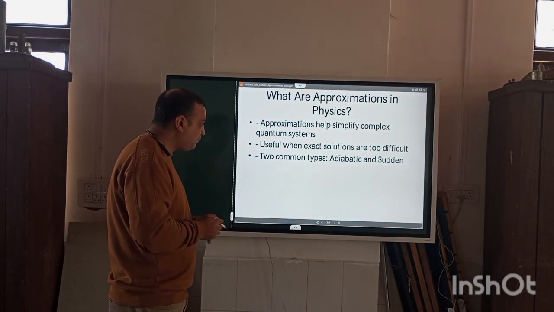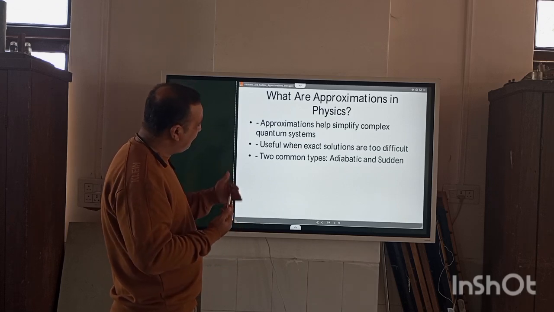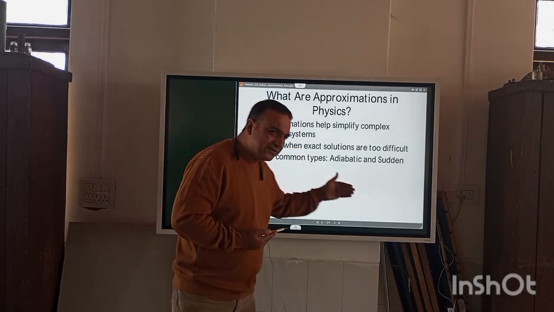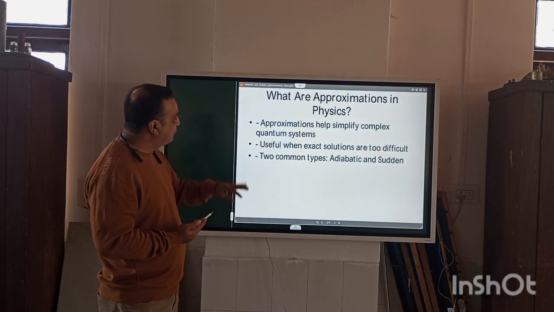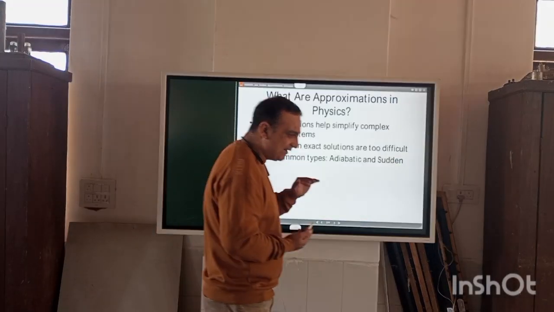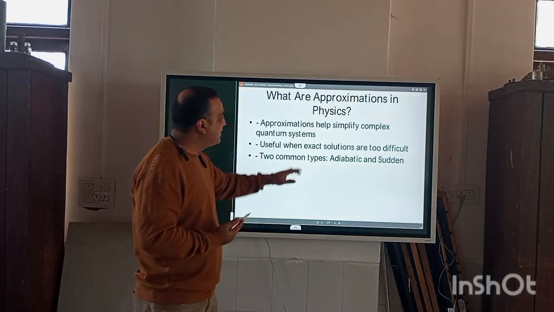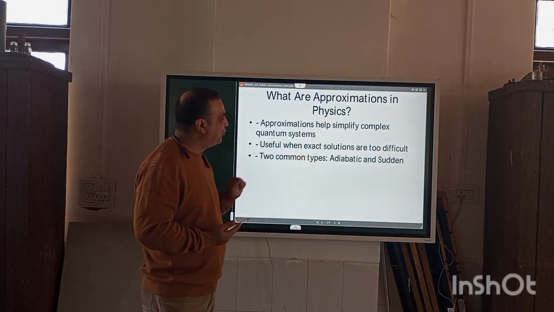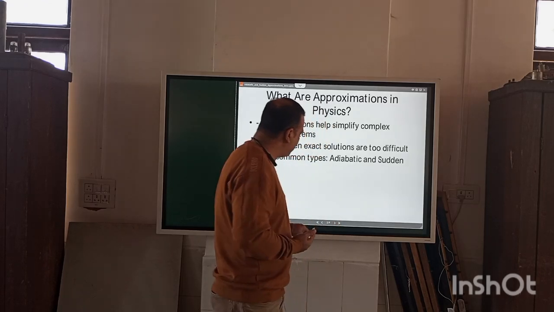They are very useful techniques when exact solutions are not possible, as I said. And we have two common types of approximations in advanced quantum mechanics. One is the adiabatic approximation, and the next one is the sudden approximation.